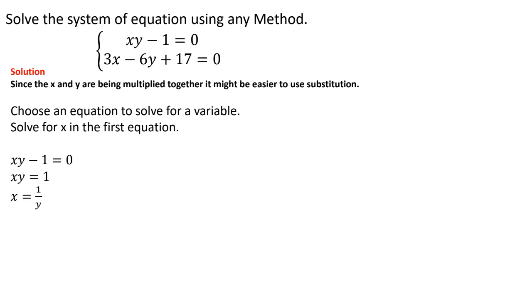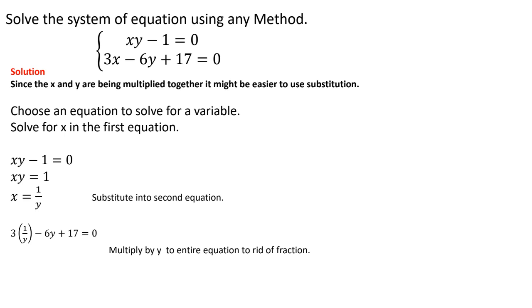We're going to add 1 on both sides, then divide by y on both sides, so x is equal to 1 over y. Now what I need to do is replace this variable in my second equation. Everywhere I see x, I'm going to replace it with 1 over y.